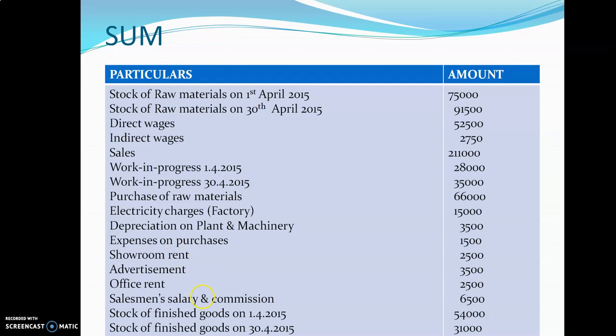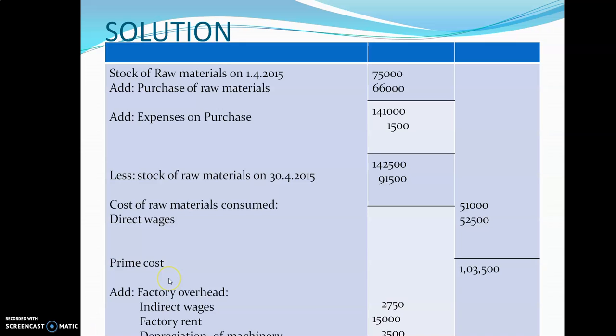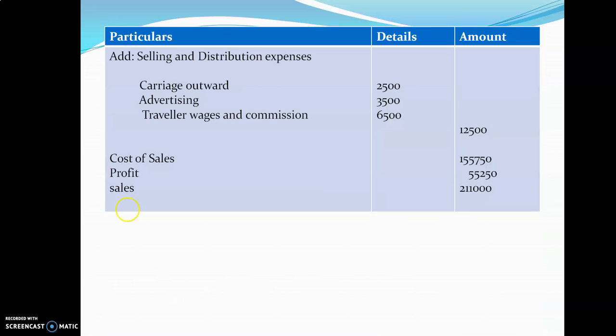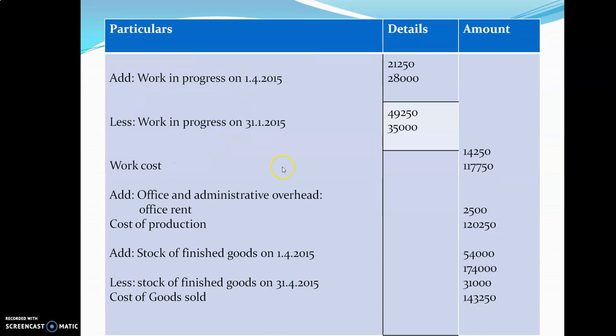So these three we have to add. So this is the cost of production, and lastly we have to add the selling and distribution expenses.